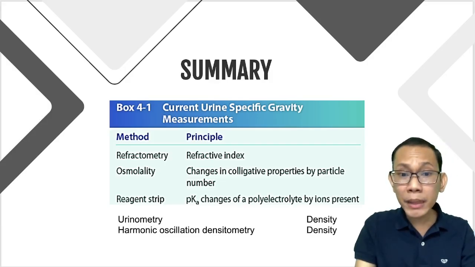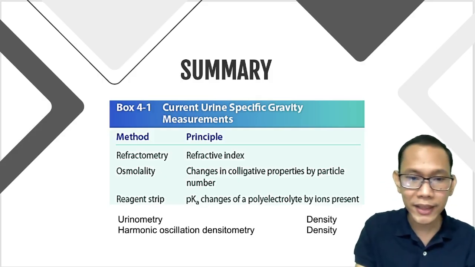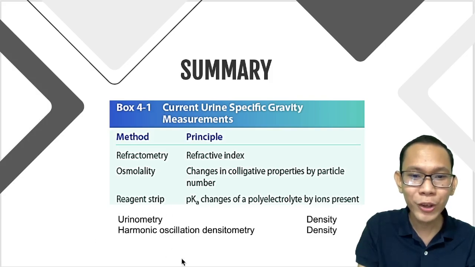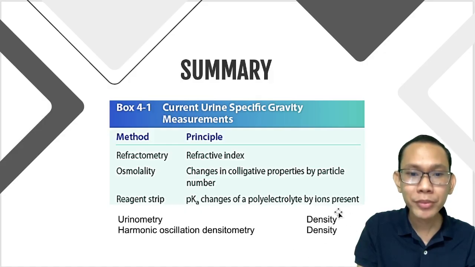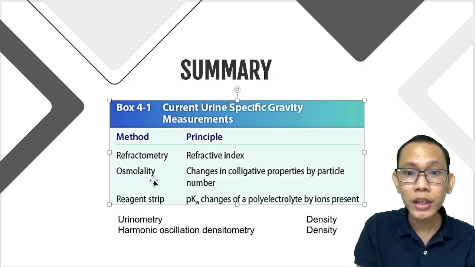So, as a summary of the different methodology, ano ba yung principles na diniscuss natin? Of course, yung dalawang old method, yung urinometry and your harmonic oscillation densitometry, of course, that is based on density. And yung tatlong ito na yung current methods in the measurement of your specific gravity.